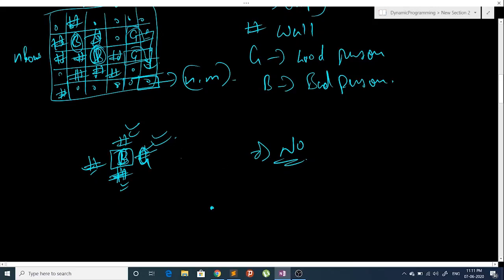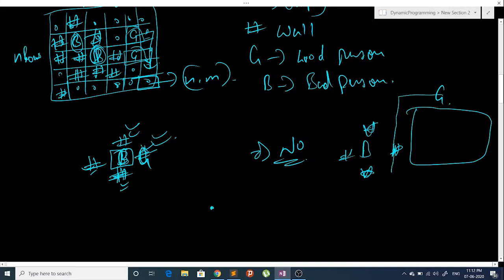And let's say the bad person was here and the good person was here. Let's say the good person had no way other than this way, that only after crossing this box he can reach the destination, but that means that the bad person can also reach that destination.